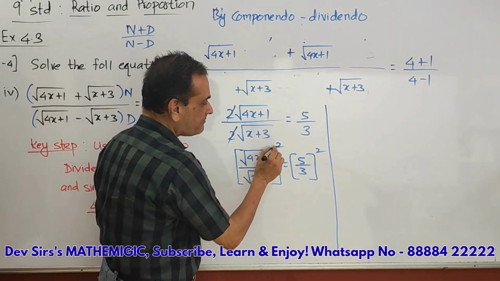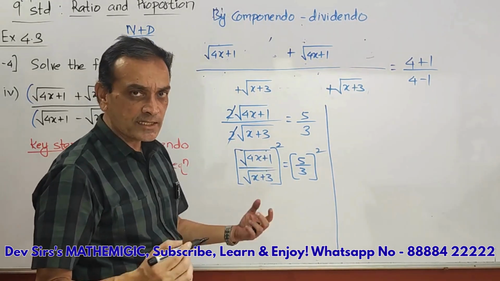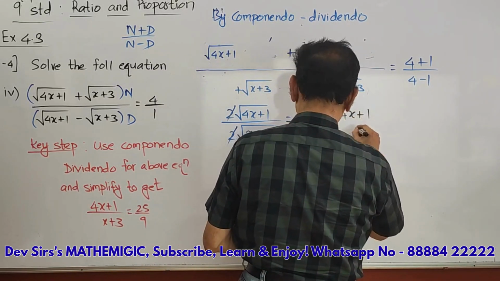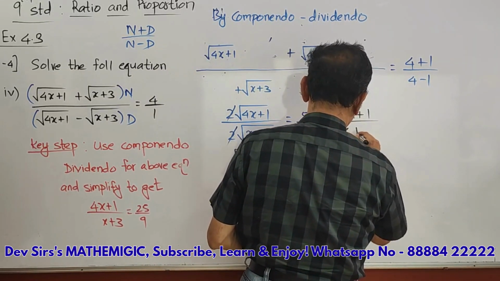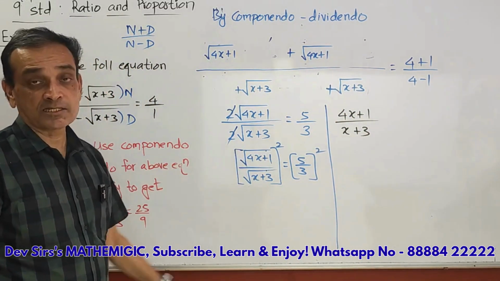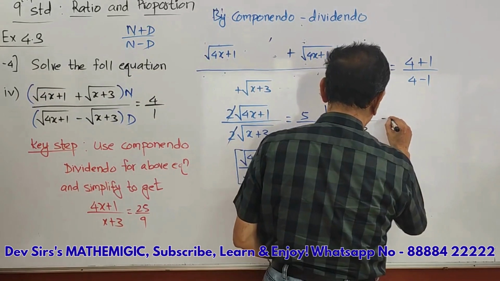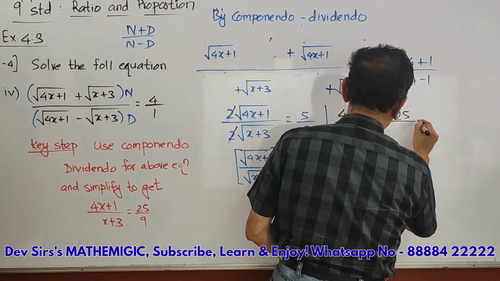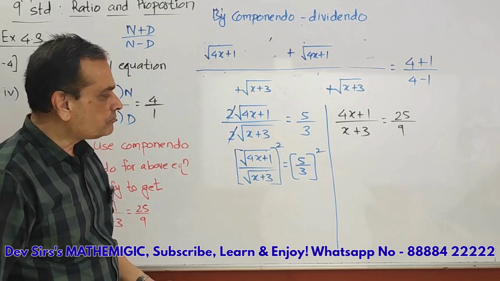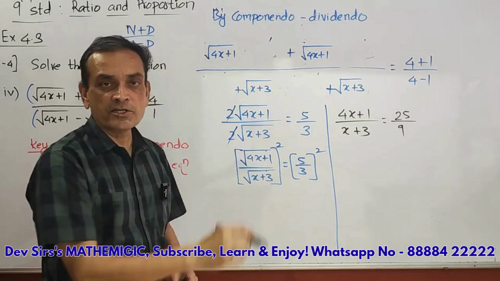Remember, root and square cancel each other. You have to ignore. Root and square cancel each other. So what remains? 4x plus 1 upon x plus 3. Root and square cancel. But on the right hand side, you have to actually square. 5 squared is 25. 3 squared is 9. Now the equation becomes simple to solve because root and square have cancelled each other.